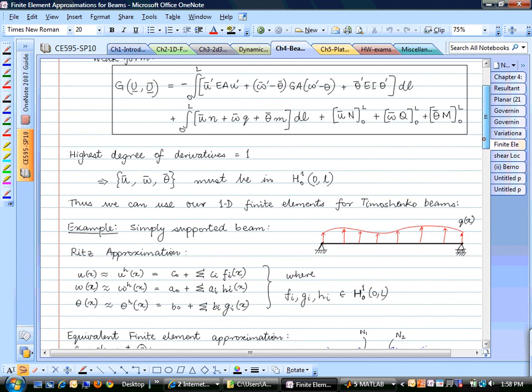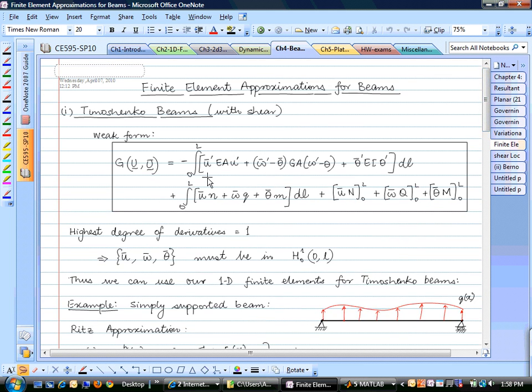Let's take a look at this weak form. You can see that the highest order derivative for any term, for U, is 1, for W it is 1, for theta the derivative is 1, which means that we can still use the H1 space. So all that we need to do is to make sure that the functions we choose are continuous.